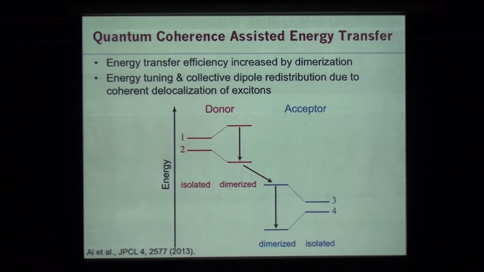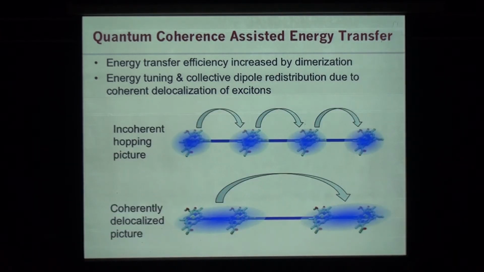There are some details here. The dipole distribution is also important, and the tilt angle affects this, but I won't have time to cover those. This tells us that the conventional incoherent hopping picture, energy hopping from this site to this site and then to the next site, is probably not the most efficient way of thinking about energy transfer.